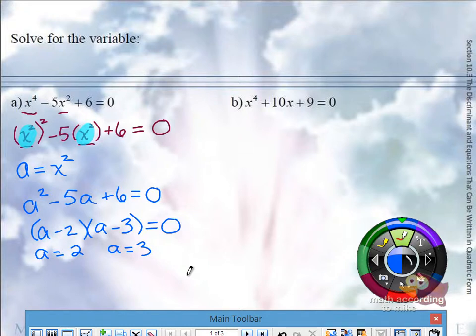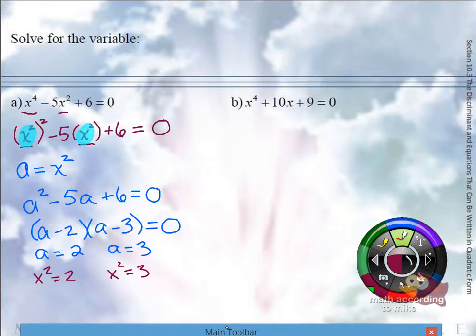The next step, as we just did, was to solve for the new variable. We got a to be 2, a to be 3. But did we start with a? No, what did we start with? X squared. So now we back substitute. So x squared equals 2, x squared equals 3.